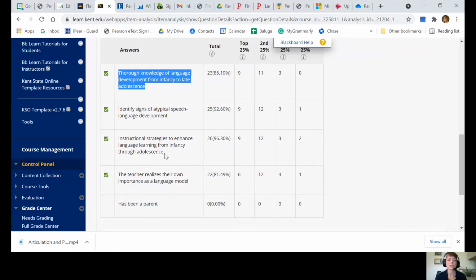Knowing instructional strategies that will enhance language learning from infancy through adolescence. Once again, these are things we've been doing all semester, so you're going to be well equipped. And then the teacher realizes their own importance as a language model. This is very important because you, as a teacher, think, oh, well, I'm just teaching, but I'm also a model. The language that I use is something that they're observing and listening to, so that's important.